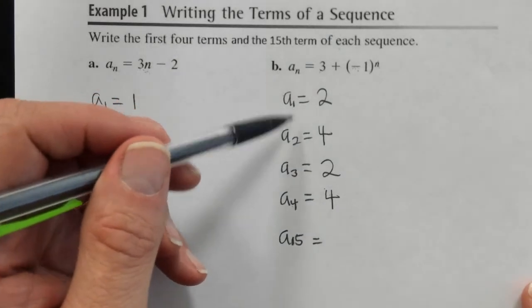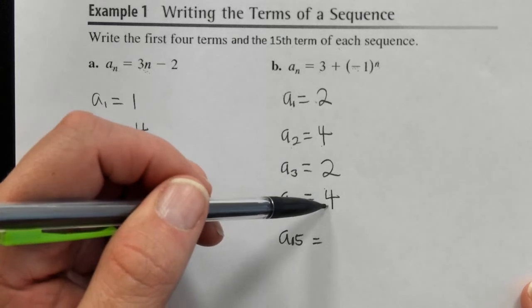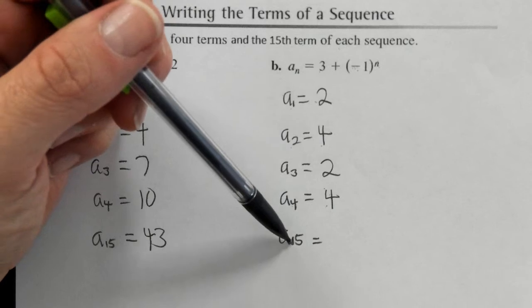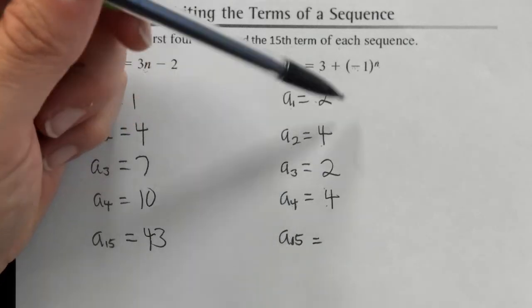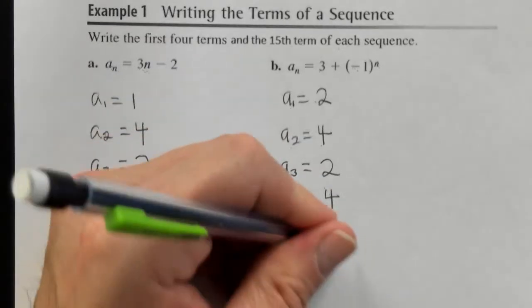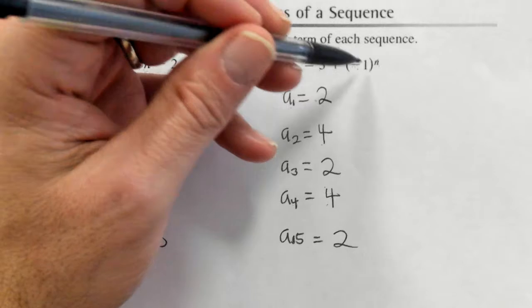Well, if it's to an odd power, it's going to be 2. If it's to an even power, it's going to be 4. And so when we look at this one, this is an odd power, so it's going to be 2, right? So odd power would be negative 1, so 3 minus 1 would be 2.